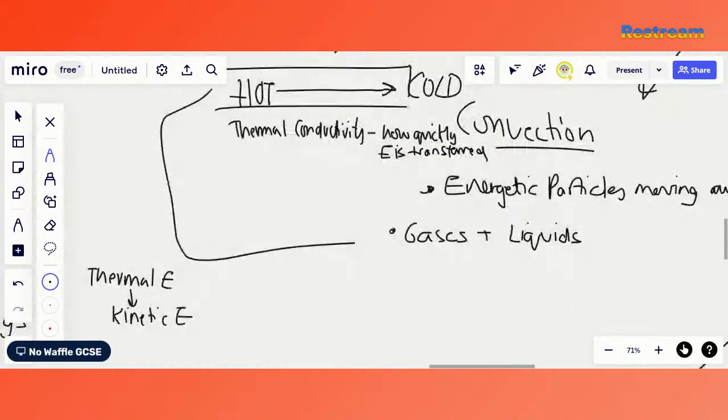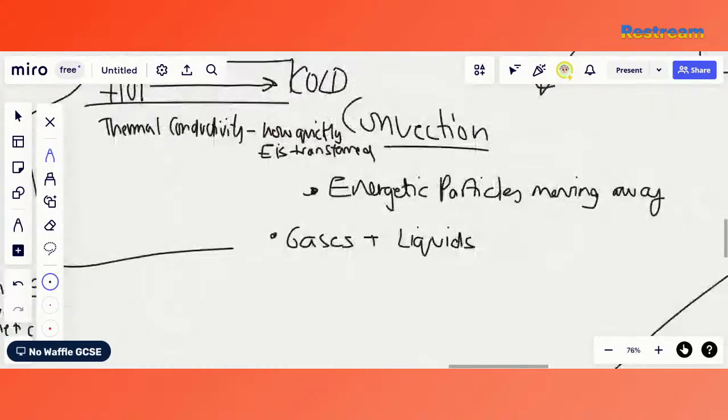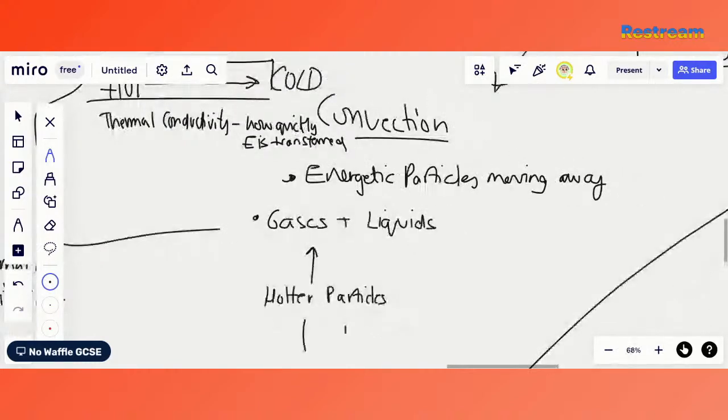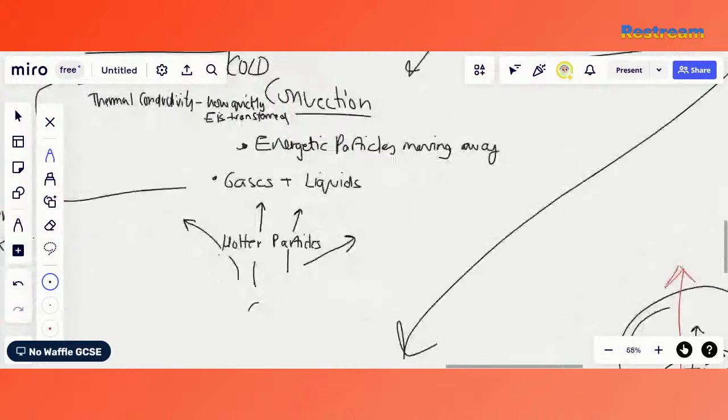Now, because liquids and gases can flow, the warmer and less dense regions will then rise above the cooler regions. So the hotter particles, because they have more energy, are going to rise up and spread out, whereas the cooler particles become more compact and go down towards each other.